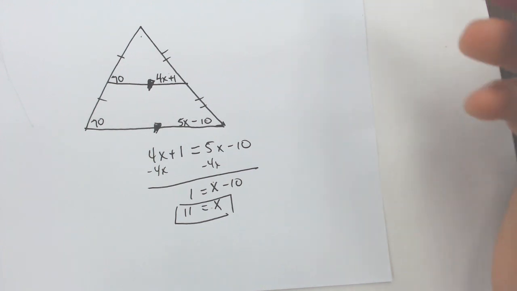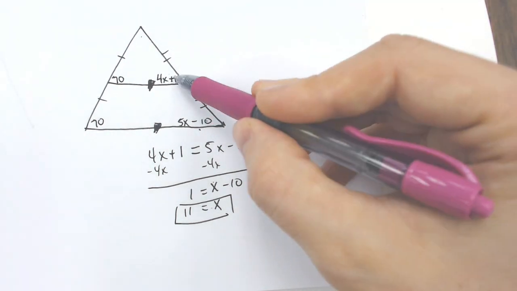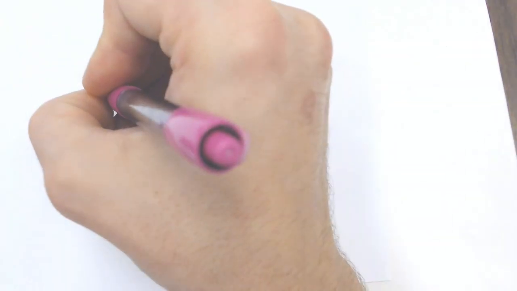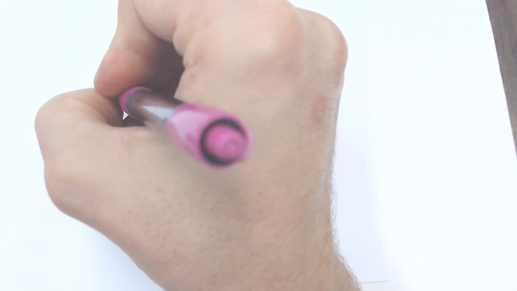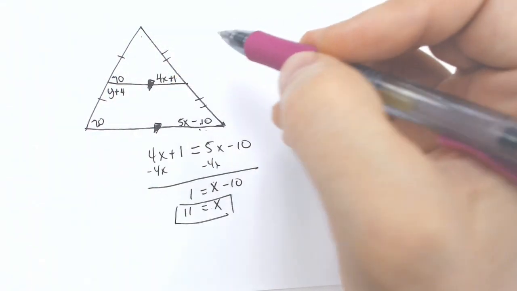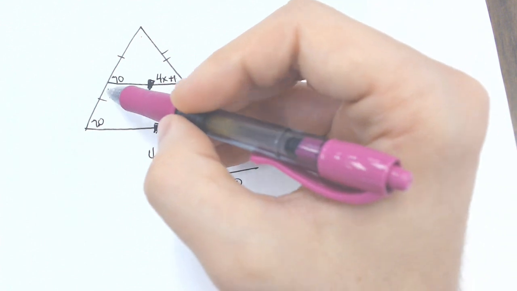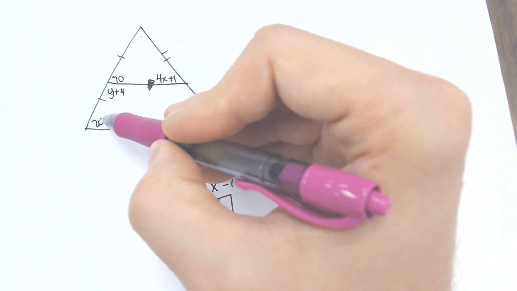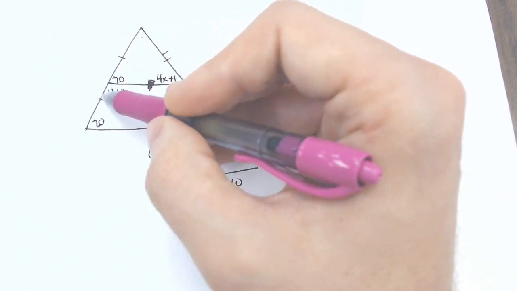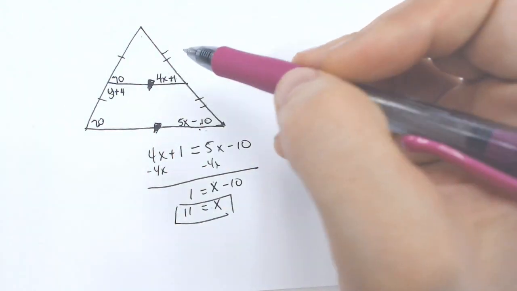Now that's if they give you these two corresponding angles. But what if they don't do that? What if they give you this part right here as like a y plus 4? And then they gave you that part as a 70, and you needed to find y. Well, here, these are same side interior angles. And here we have these add to make a line. Therefore, they're not going to be equal to each other.